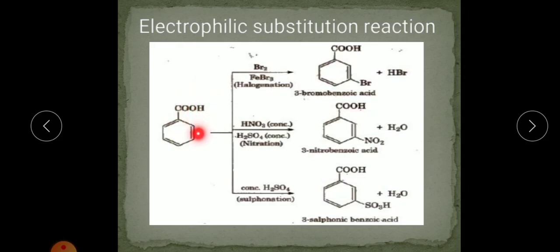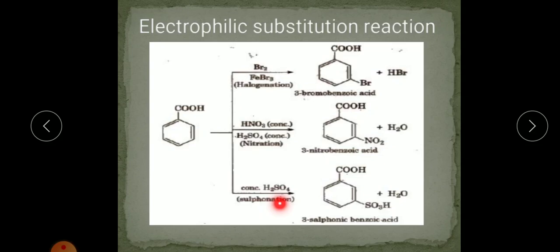So the incoming electrophile will attack only at the meta position. When you carry out bromination, that is addition of bromine in the presence of FeBr3, it will form meta-bromobenzoic acid plus HBr. And when you carry out nitration in the presence of concentrated nitric acid and sulfuric acid, it will form meta-nitrobenzoic acid or 3-nitrobenzoic acid.